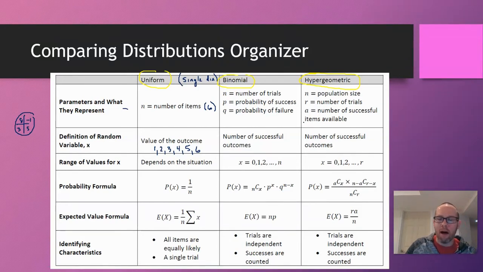The expected value formula for this just comes from the general formula we use for any probability distribution. Remember that for any distribution, we get the expected value by adding up all the outcomes times their probabilities.